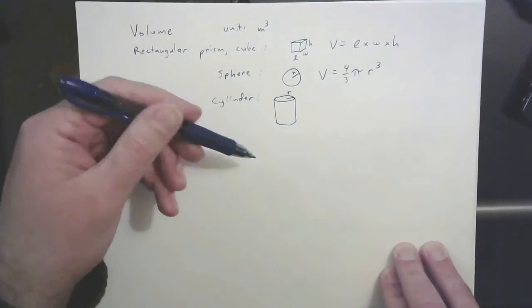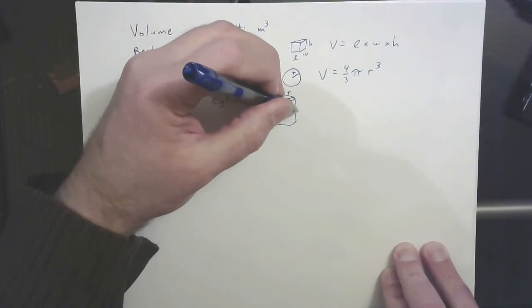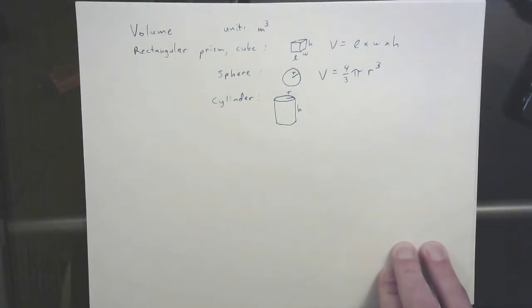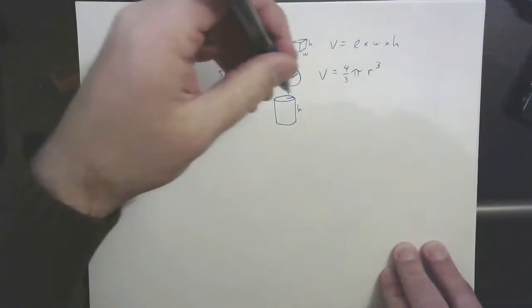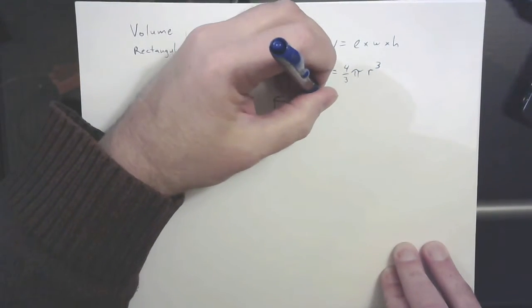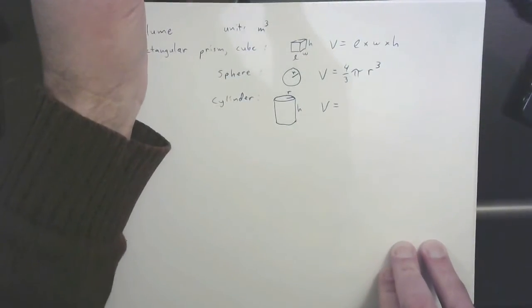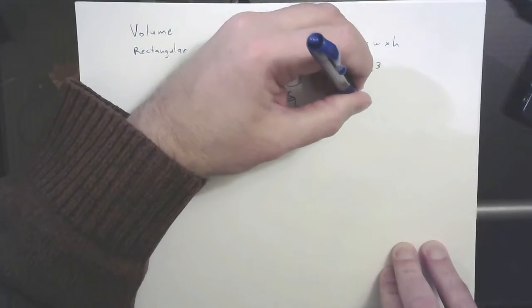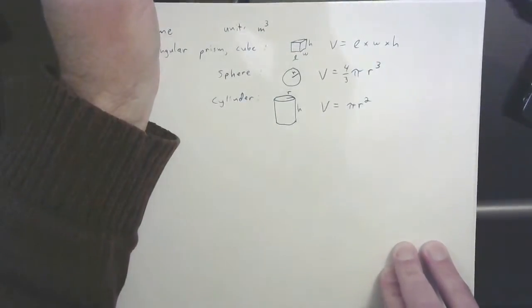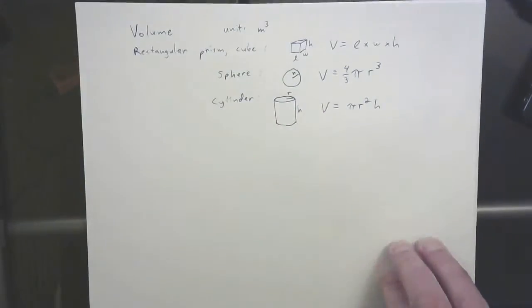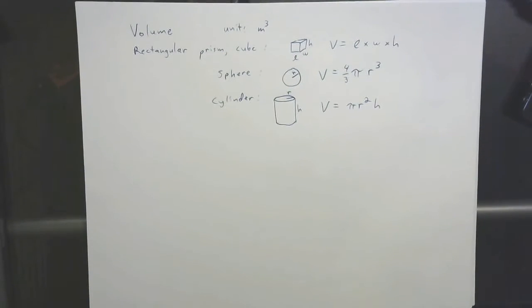And then you kind of grow that circle up and down some height. So that shape there is a cylinder. And so the volume of the cylinder is the area of the top, which is going to be pi r squared, times the height, like that. So cylinder volume's not too hard either.